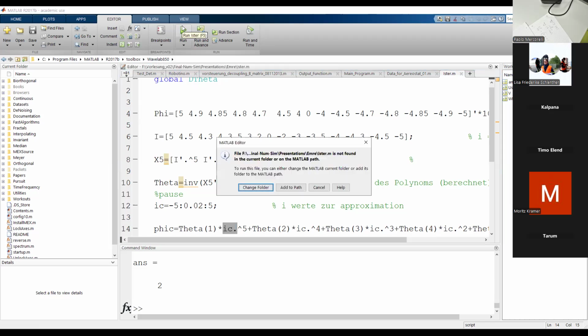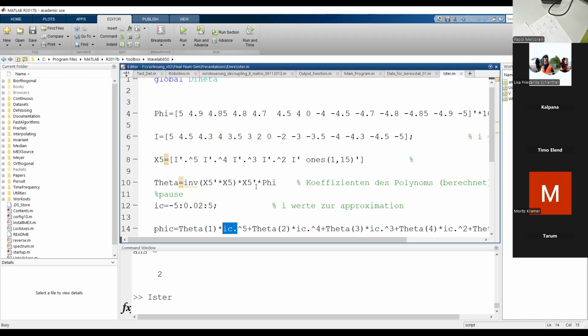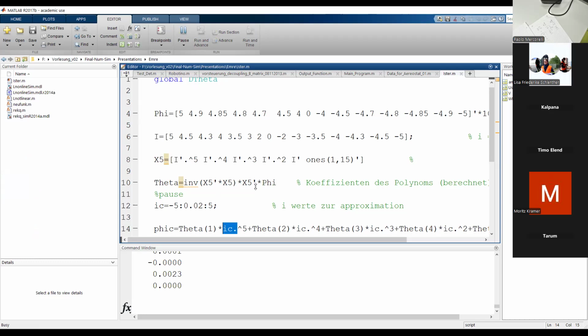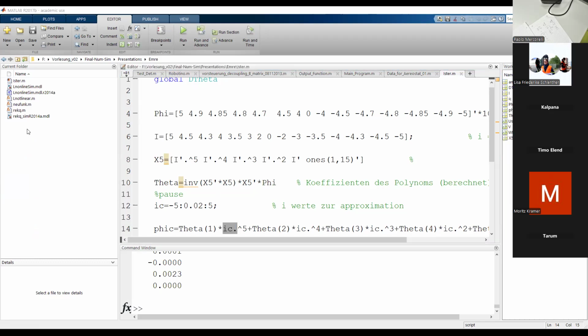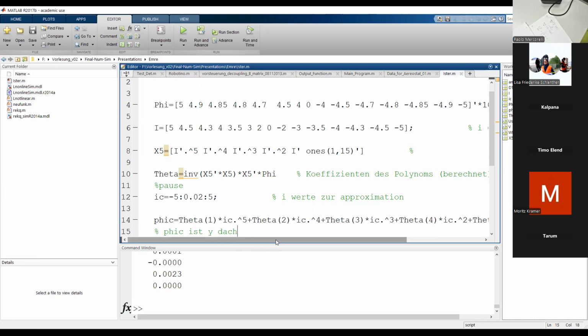If I run, of course, running in Simulink in MATLAB means change the folder, because we can see that we have another folder here, no? With other things. Look, in the command window, we have the results of data. Why that? Because we don't have here a semicolon.